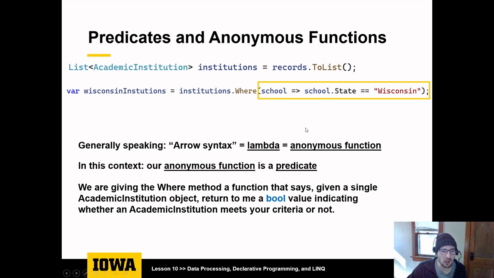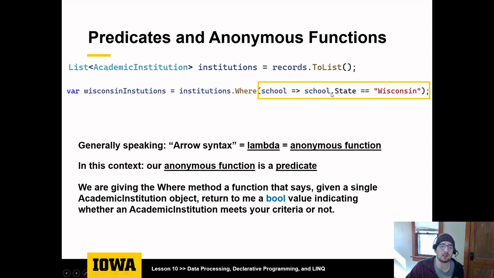So how we have to think about this is that what we're providing our where clause is a function that takes in an academic institution. School is just a variable name, a parameter to your function. I'm calling it school because that's helpful for thinking about this. So it's a function that takes in an academic institution as a parameter, and given that institution, it tells you whether it meets the criteria you want.